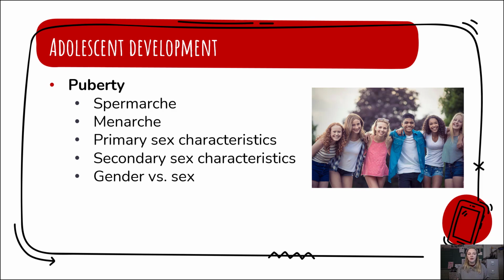During this time period, adolescents also are developing their gender identity. So in psychology, it is important for us to understand the difference between gender and biological sex. Biological sex is going to be whether or not the person is born with XX chromosomes or XY chromosomes, and we determine that to be biologically male or biologically female.